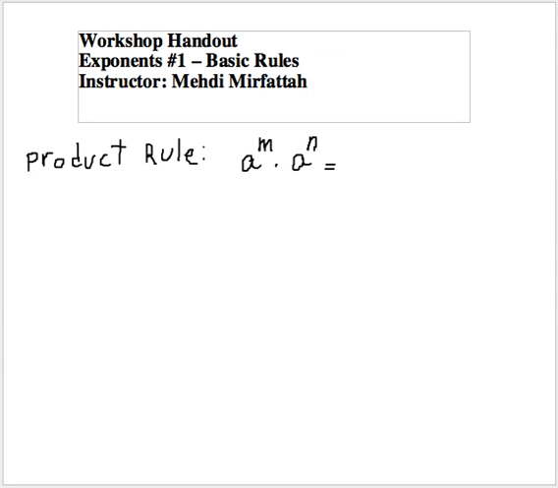Now, before we look at this, let's take a look at the example. As usual, I remind you that if you have any questions at any time, please raise your hand. So if I have 2 to the power of 2 times 2 to the power of 3.